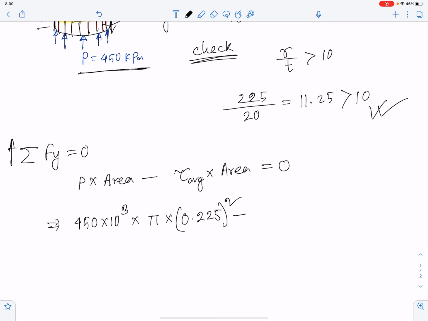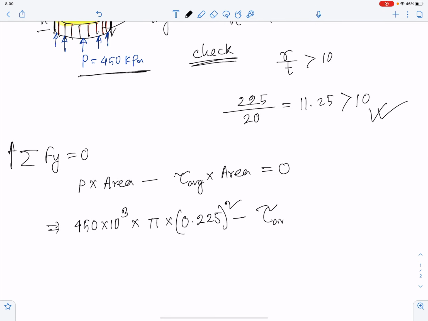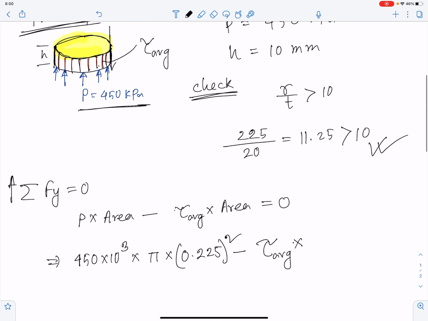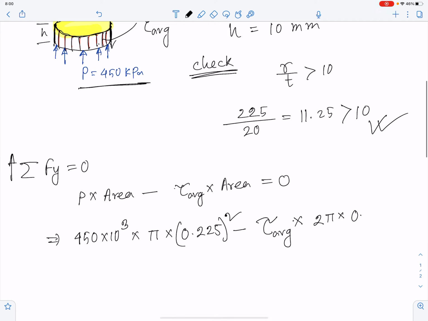And tau average, we actually don't know, right? We have to determine that, times the area. So what is the area of this strip? The area of this strip is the total length of the strip, 2 pi times r, which is 0.225, times the height, which is 10 millimeter. In meter it would be 0.01.